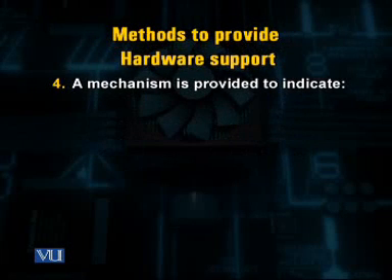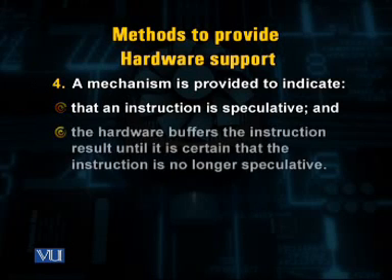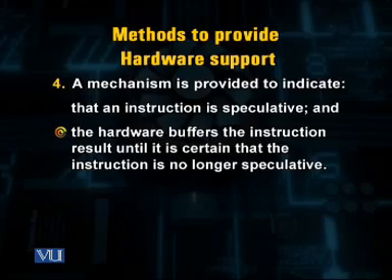The fourth method suggests that a mechanism is to be provided to indicate that, number one, an instruction is speculative, and number two, the hardware buffers the instruction result until it is certain that the instruction is no longer speculative.